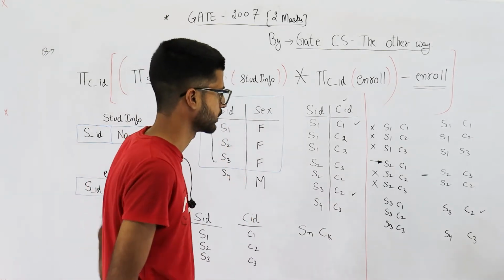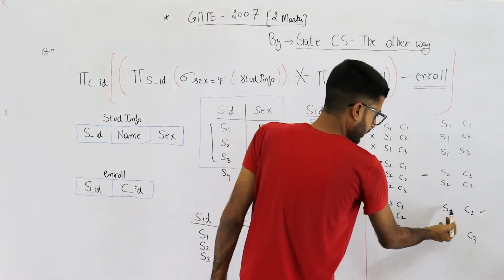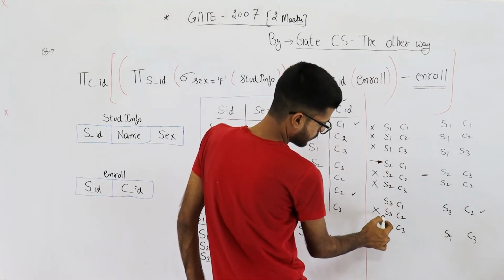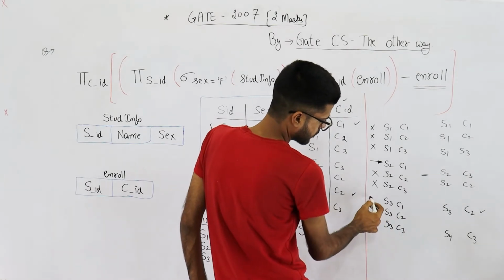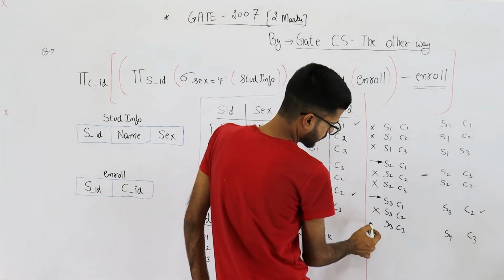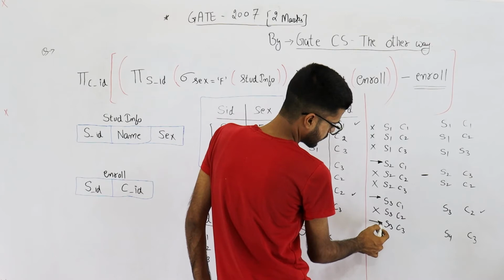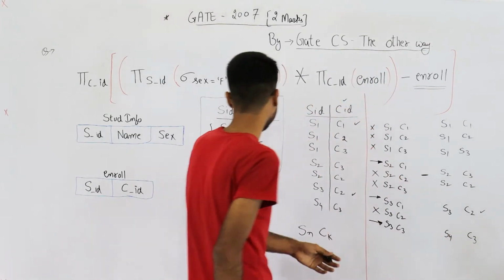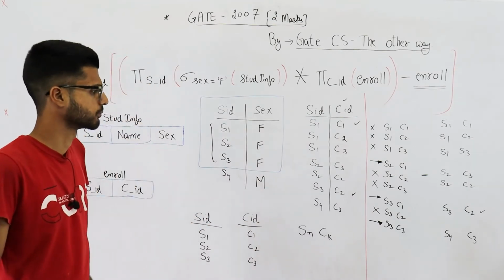It's very clear from here. Anyways, let's move ahead. S3C2. This one will not be a part of result. This is present in result as well as this is present in result. And you need not worry about S4C3 because S4 is anyways a male student.